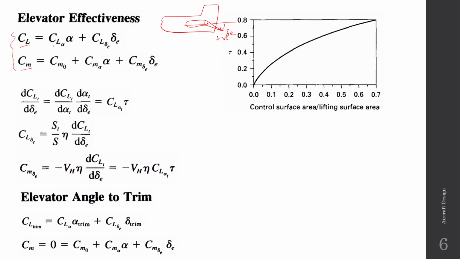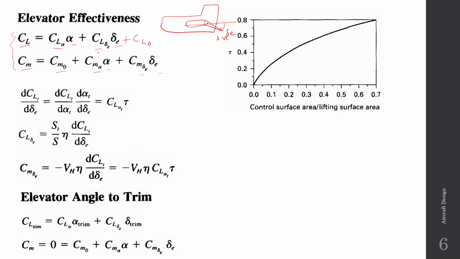We can write that the total lift coefficient is CL alpha into alpha plus CL delta E into delta E, and we can write the moment one also like this: Cm naught plus Cm alpha into alpha plus Cm delta E into delta E. In this book they have not considered the CL naught term, but you can also write it. The procedure is not very different.